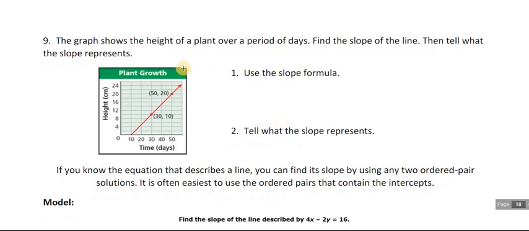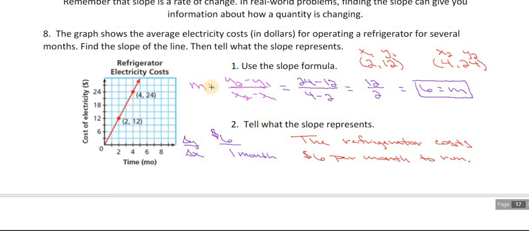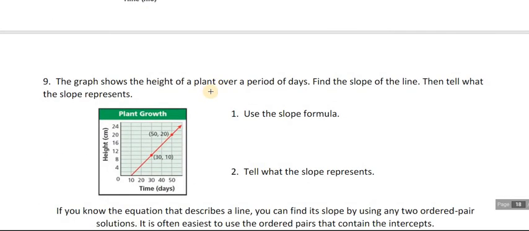Okay, I would like you to give number 9 a try, just like number 8. So I'll start you off, showing you, okay, we've got these 2 perfect points. My first perfect point is (30, 10). So x sub 1, y sub 1.